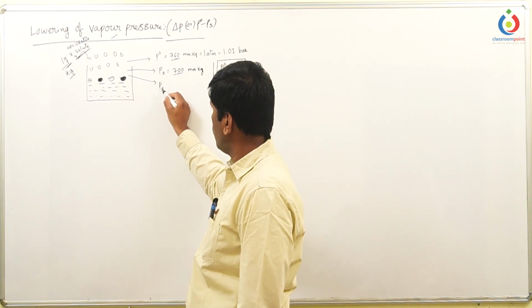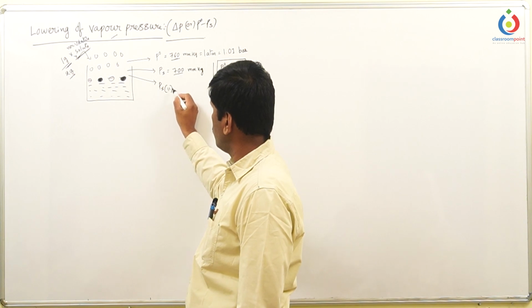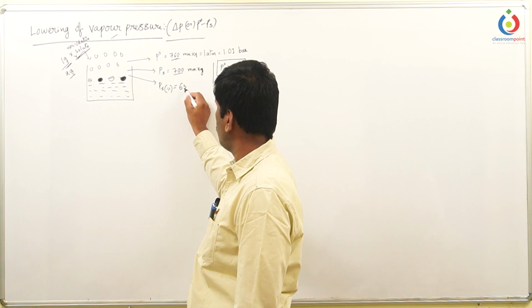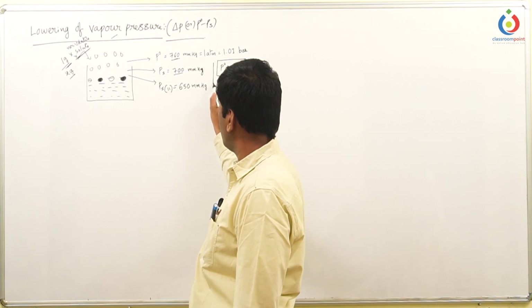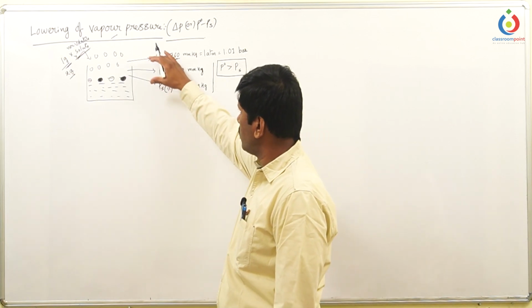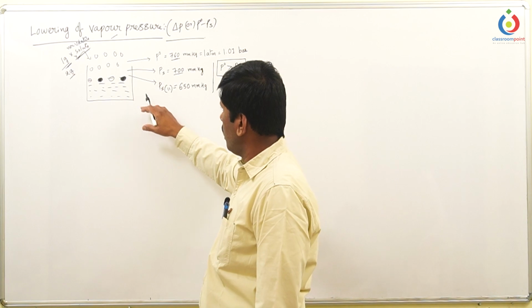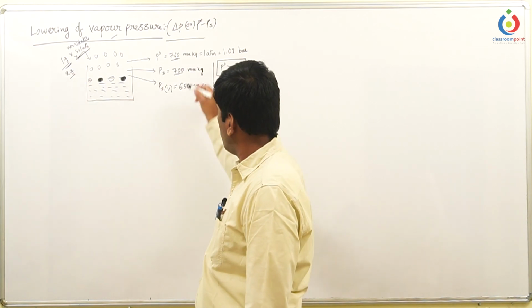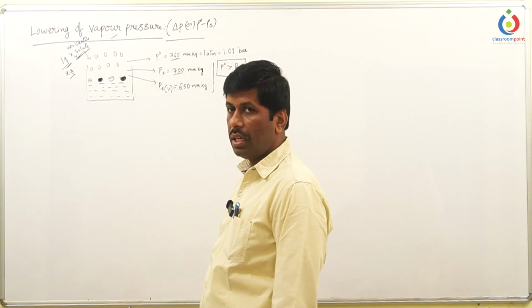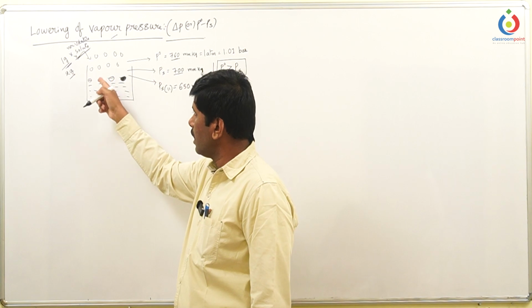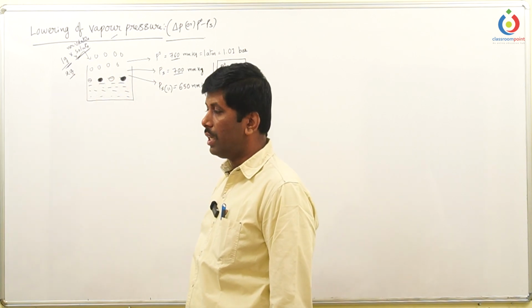Let us take this as the second solution, whose vapor pressure is approximately, let us imagine, 650 millimeters of mercury. So we can conclude that when the amount of solute in a solution increases, the vapor pressure gradually decreases. When the amount of solute in the solution increases, its concentration also increases.